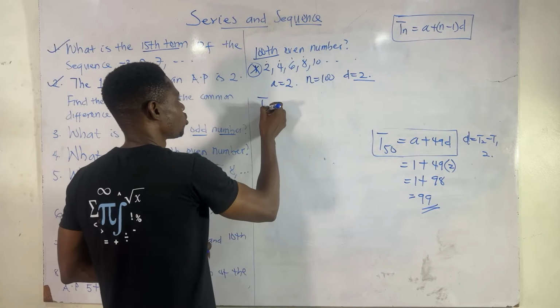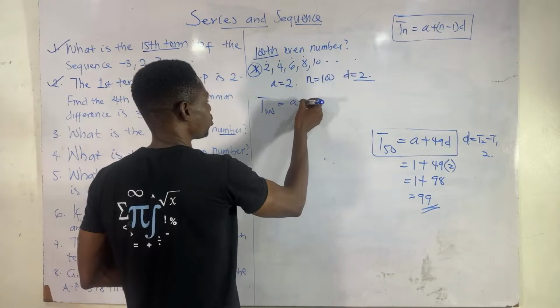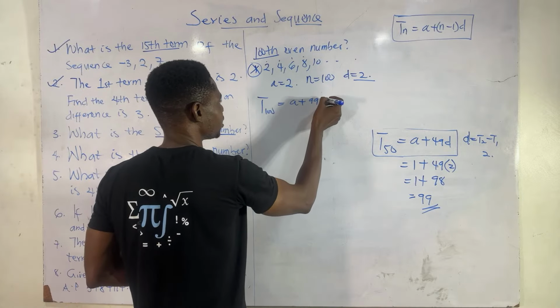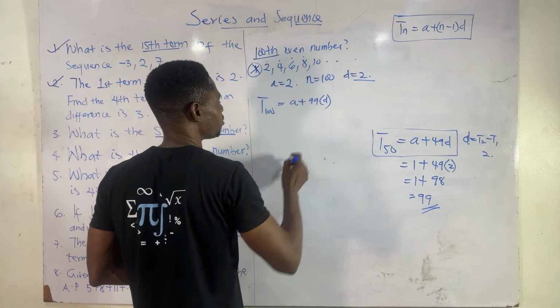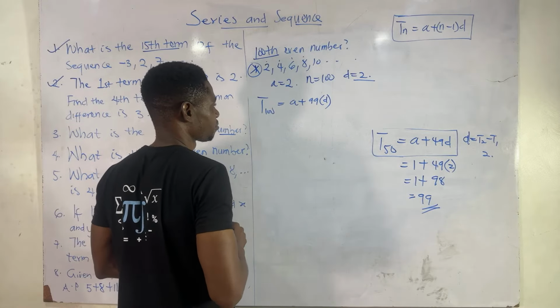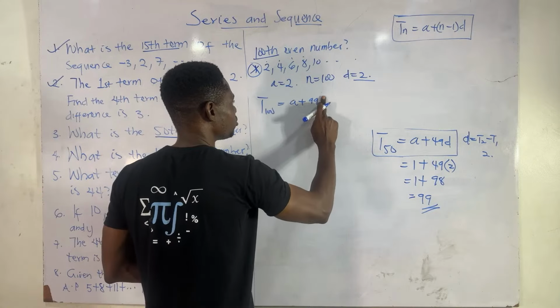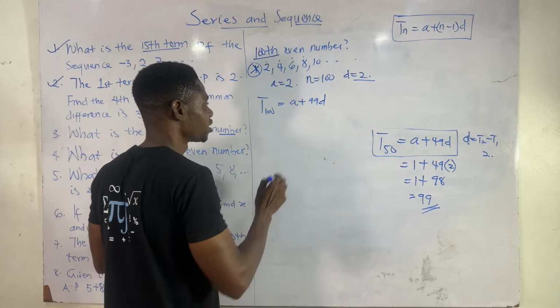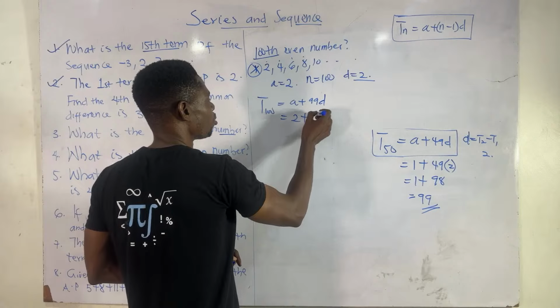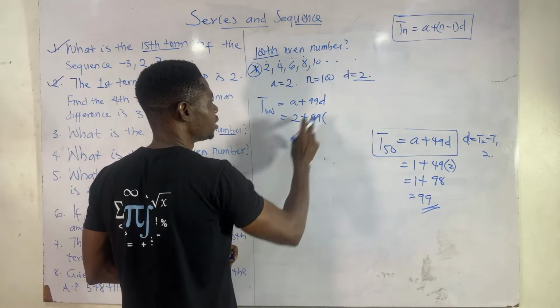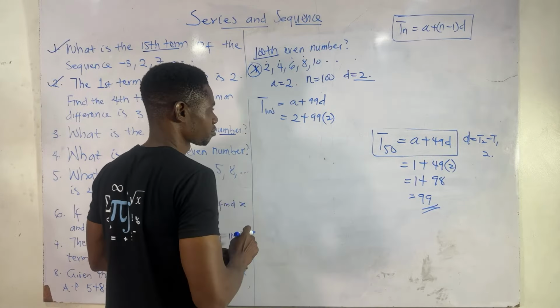Now, T100 equals A plus 99D, right? So A plus 99D, isn't it? So our A is 2 plus 99 times, what's our D? 2, isn't it?